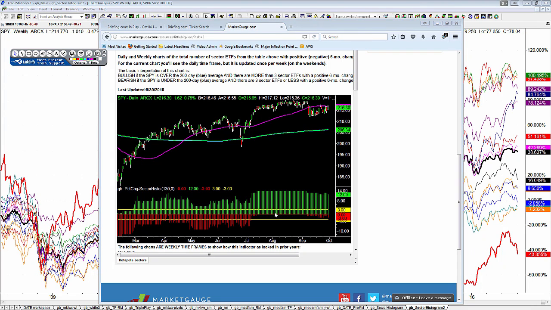So if it's bullish, it's going to add 1 to this indicator. If all 14 are positive, you'd have a reading of 14, and if, let's say, only 8 were positive, you'd have a reading of 8.